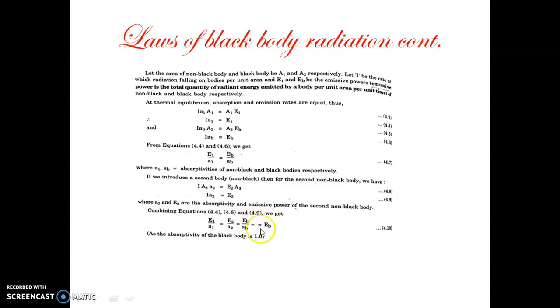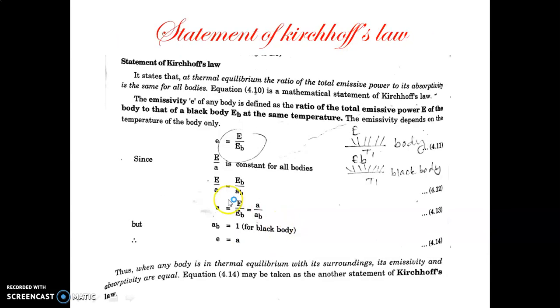This is equal to EB because AB has the value 1, since it is applicable for the black body. So instead of AB we can write 1, and anything divided by 1 is equal to EB. This equation is the final equation of Kirchhoff's law, and from it we can give the statement of Kirchhoff's law.